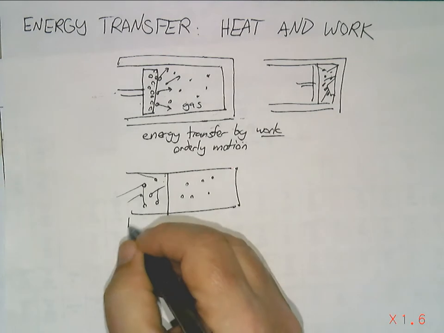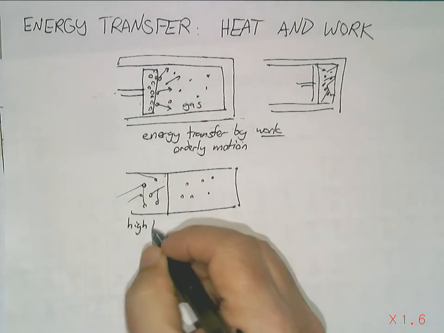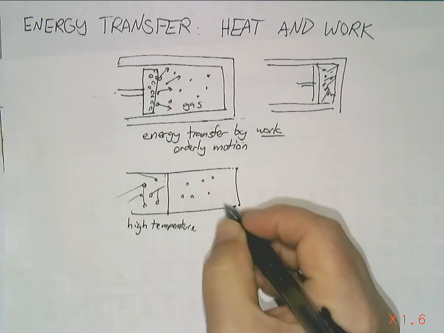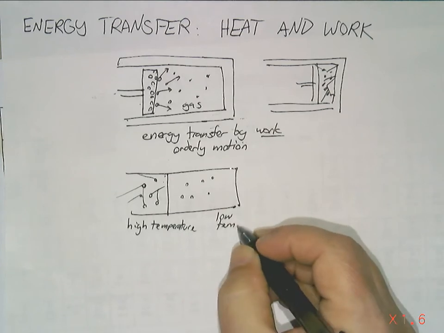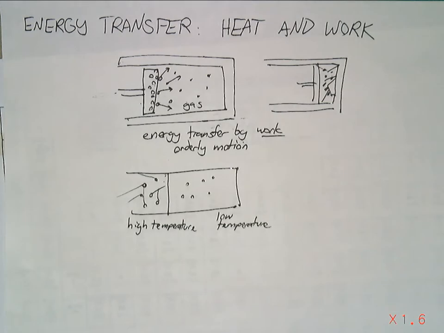Now this would be a high temperature side because it has high average kinetic energy. And this side would be low temperature because it has low average kinetic energy. So temperature is a hotness-coldness property that is tied to the average kinetic energy of the molecules.